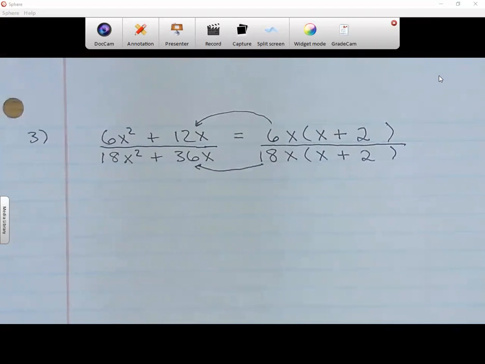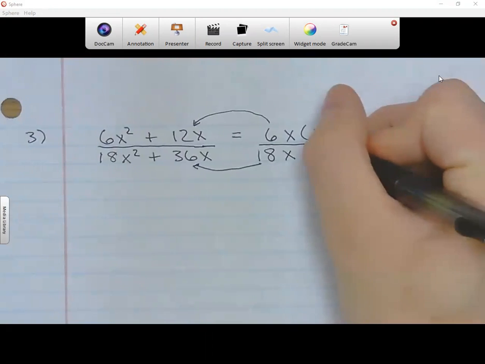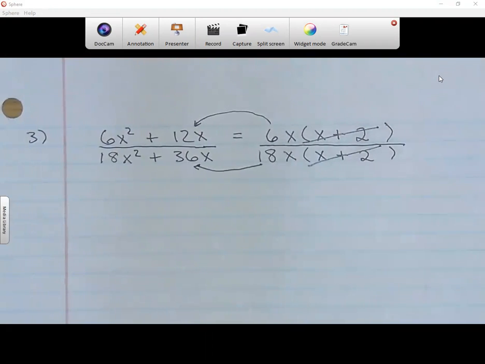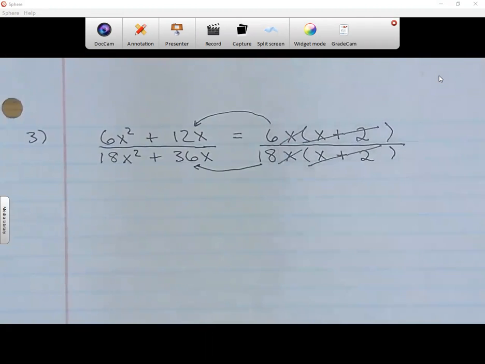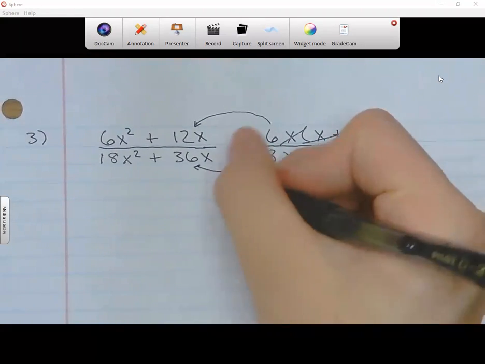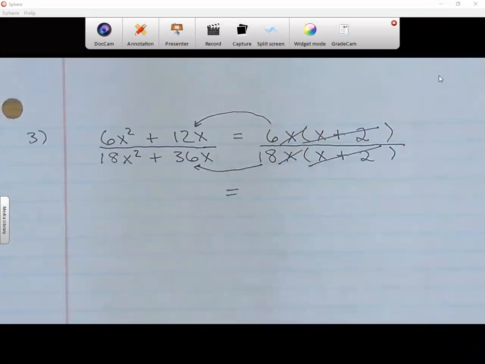So now that I've factored the top and the bottom, what can I cancel? What's the same on the top and bottom? I can cancel out the x plus 2's, right? Then I can also cancel out the x's, right? So those are gone. And now what's 6 divided by 18? Well, I can divide the top and the bottom by 6, right?